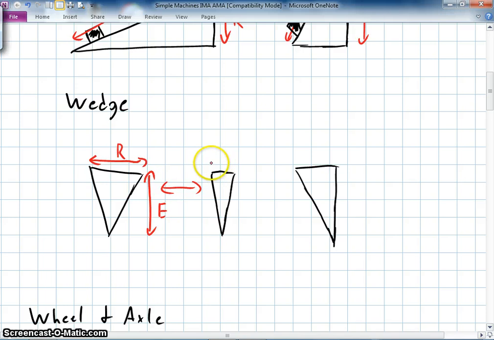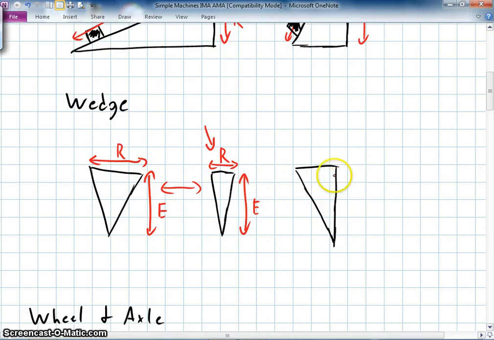If this one has a smaller resistance but the same effort distance, that would mean this one has a better IMA. So this one would be easier. So the narrow, long wedges have a better mechanical advantage.